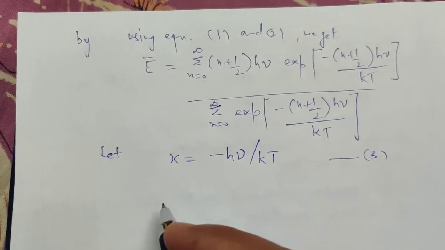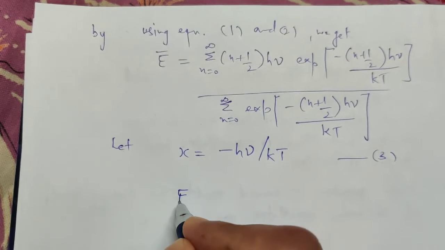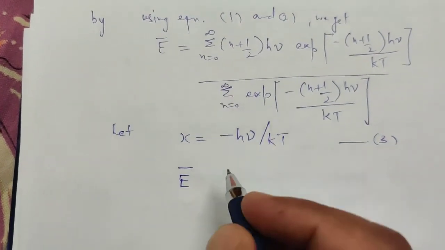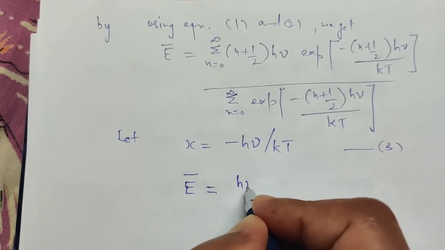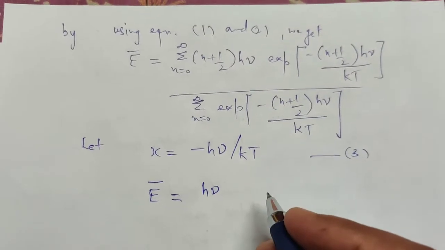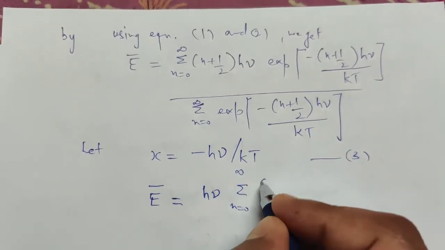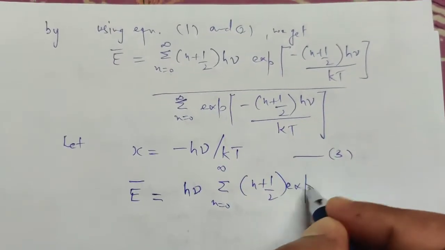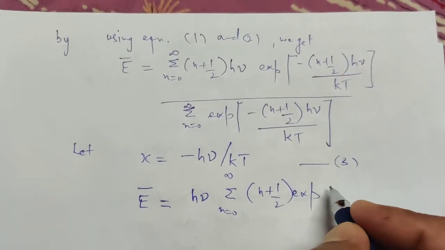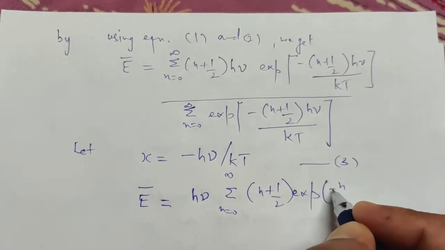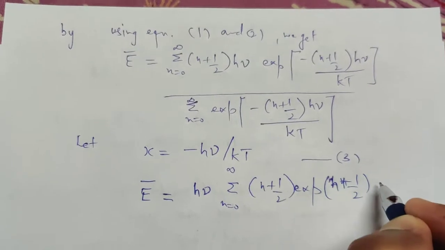This will be E bar equal to h nu into the sum of (n plus half) times exponential of n x.